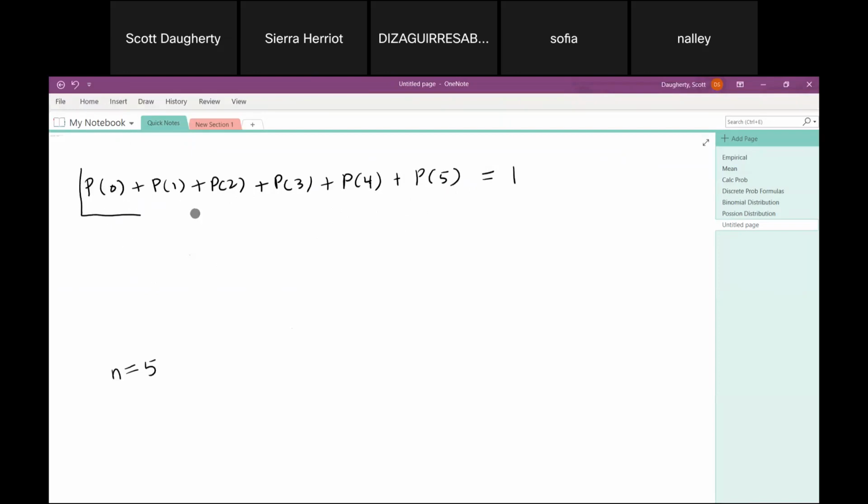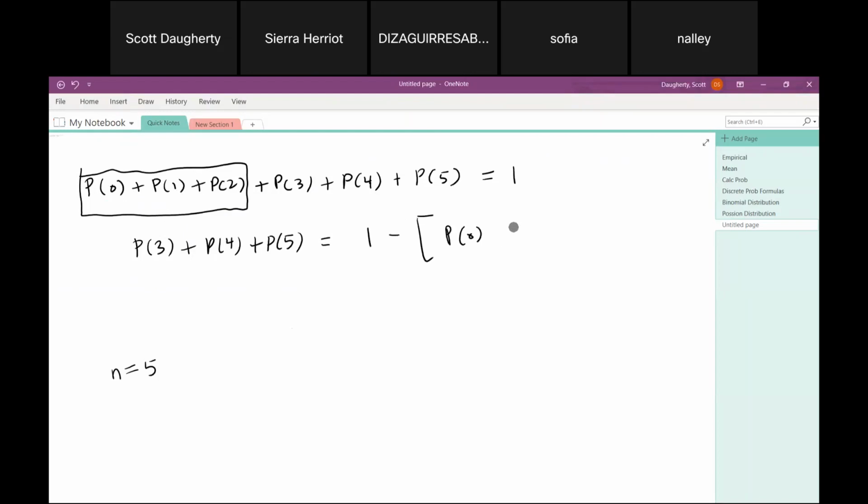And now if I take these 3 probabilities, whatever they add up to, and I subtract them to the other side, well, the stuff that's left over here is the probability that I'm looking for.